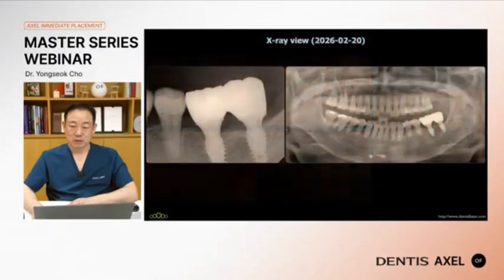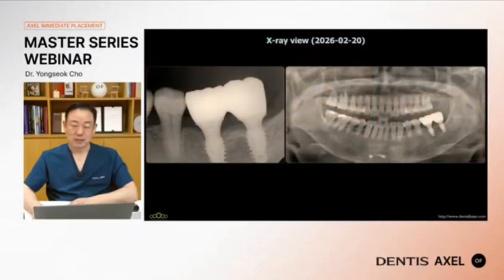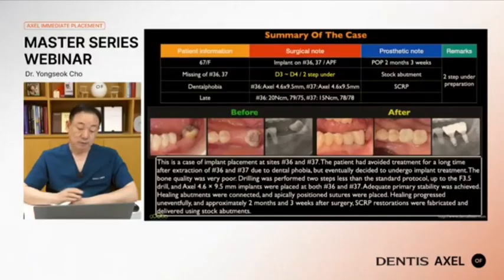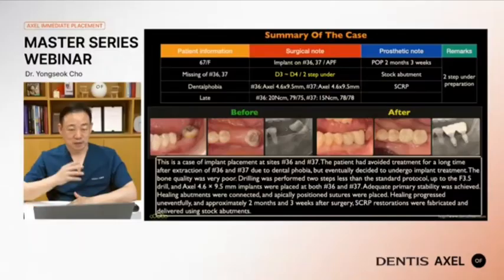So, case finished like this. Sometimes when patient has really poor bone quality and the risk of implant dislocation into the mandibular body, I do bone graft before implant installation.